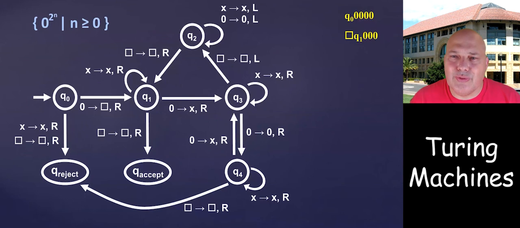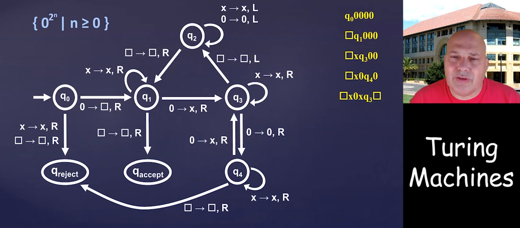You move to Q3 and erase one of the zeros. You replace it with an X. You move to Q4, and you keep the 0. This is the first edge from Q3 to Q4. It keeps the 0.